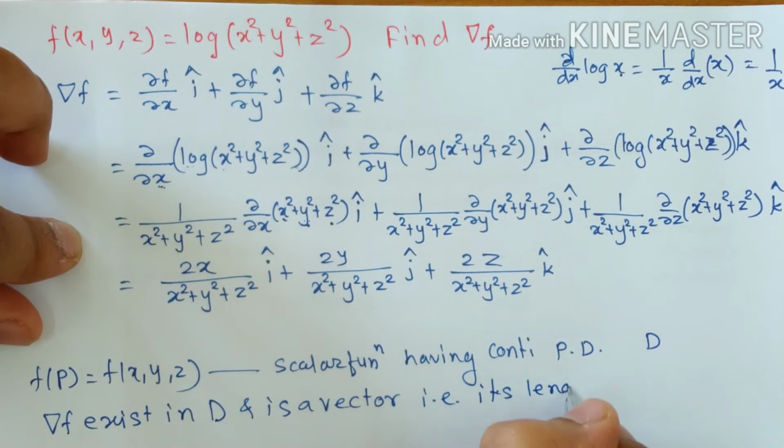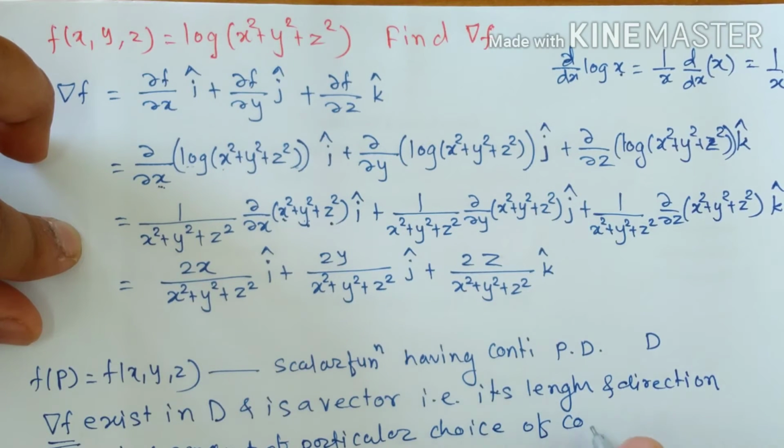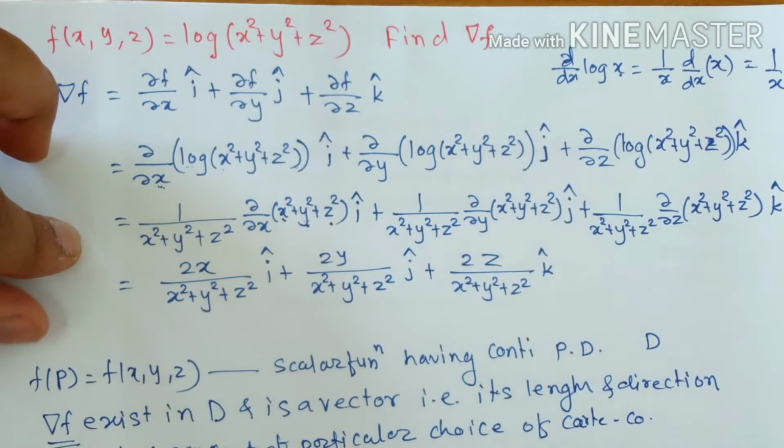That is, its length and direction, that is, the direction of this vector quantity and the length of this vector quantity, are independent of the particular choice of Cartesian coordinates.